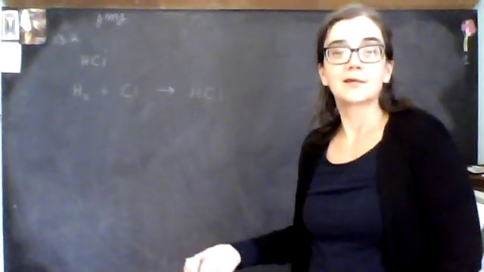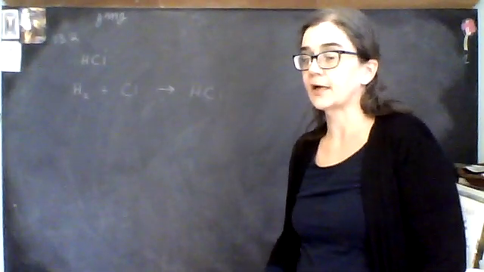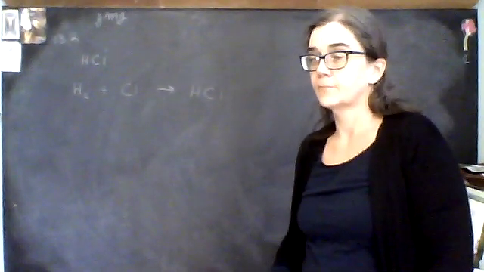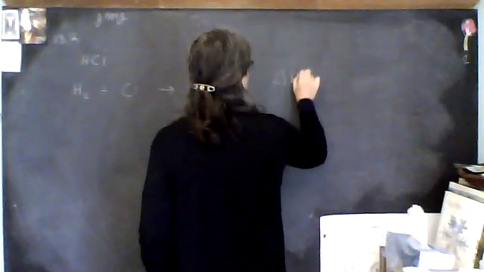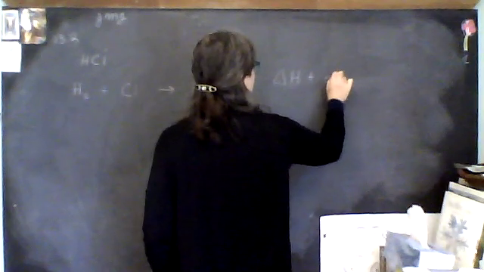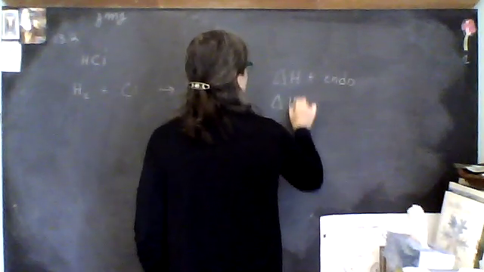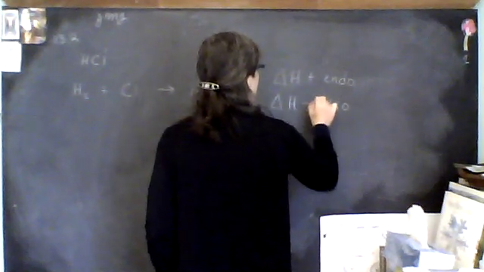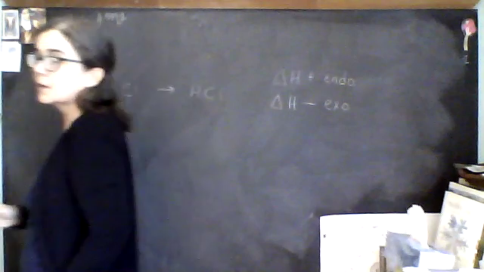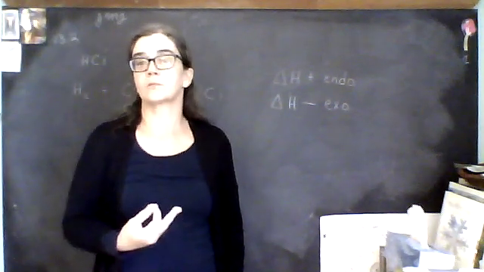No, it's fine. Okay. So what does it say there on the bottom of the page on the right? Delta H is positive for endothermic reactions, and delta H is negative for exothermic reactions. The delta H is the energy change in a chemical reaction.